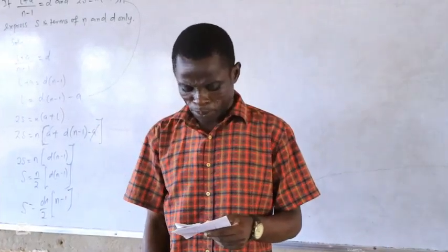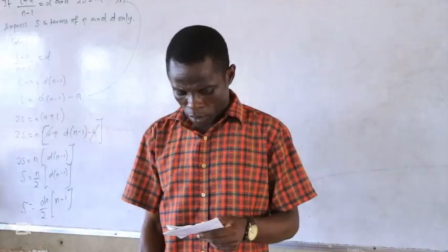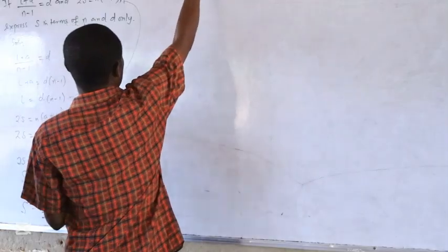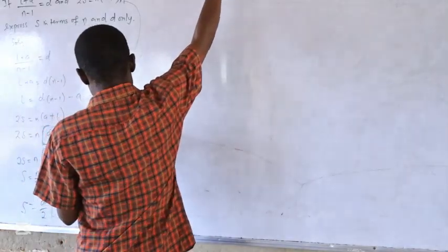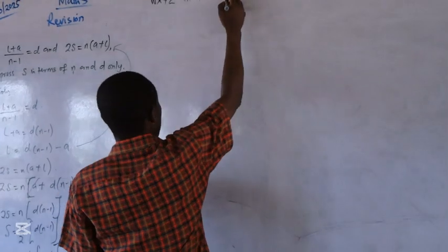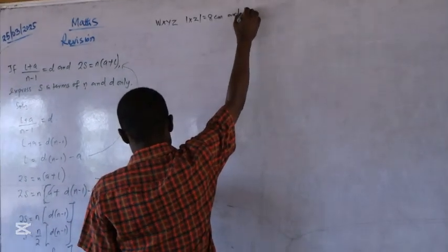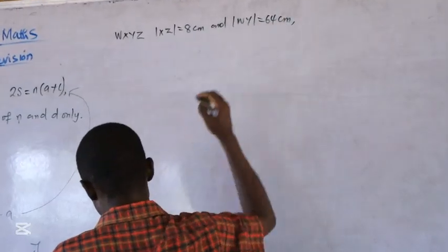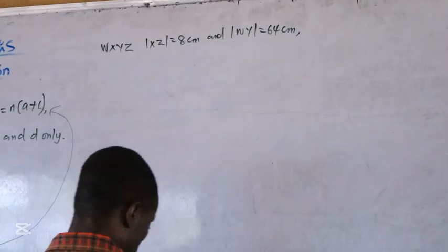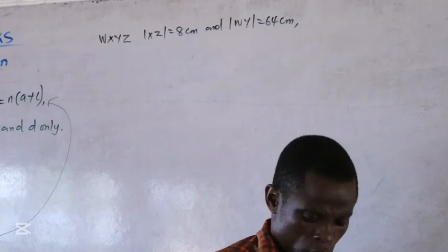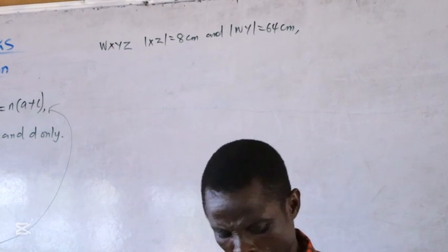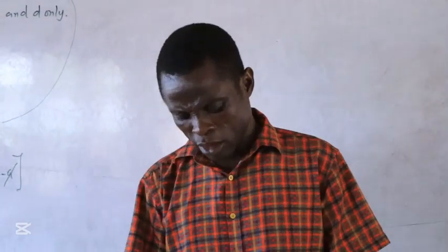If XZ equals 8 centimeters and WY equals 64 centimeters, calculate the radius of the circle.